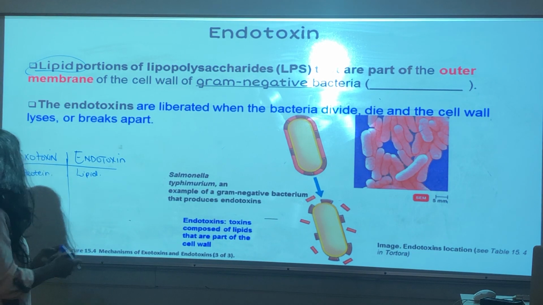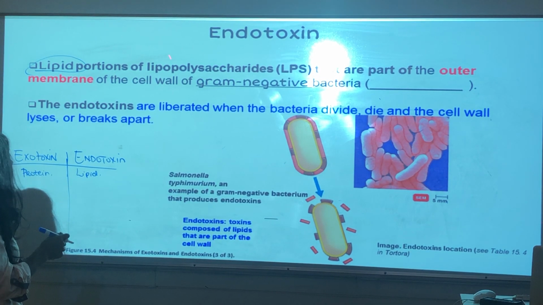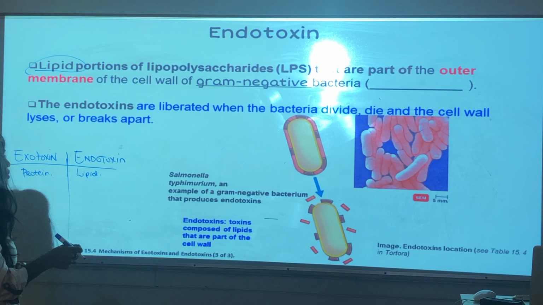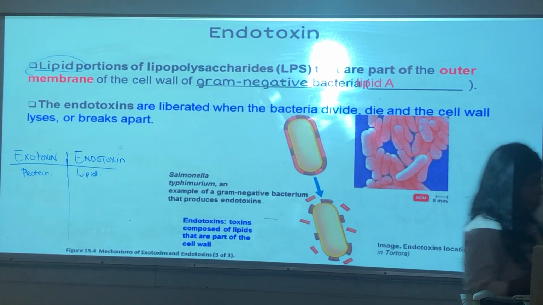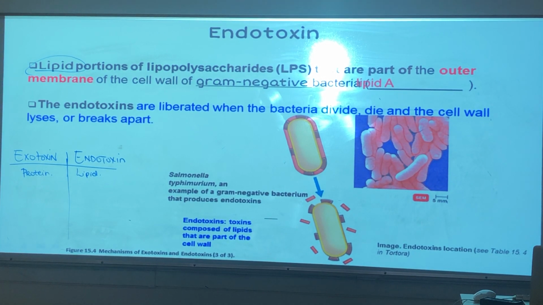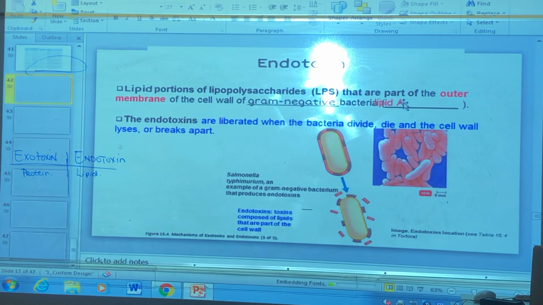The endotoxins are in the LPS layer, the lipopolysaccharide layer of the gram-negative bacterial cell. Oftentimes we call this lipid A. Lipid A is found in the outer membrane, so we're talking about part of the cell wall.